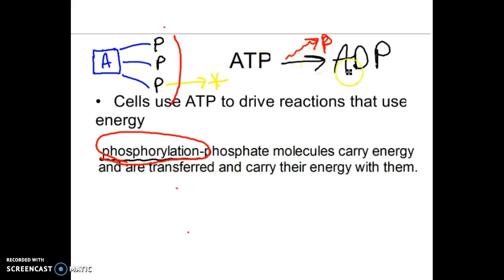When it does that, see there's our little energy being released, it then becomes ADP, and now it has to get rephosphorylated to become ATP. That requires ATP synthase in the mitochondrial membrane in order for that to occur.